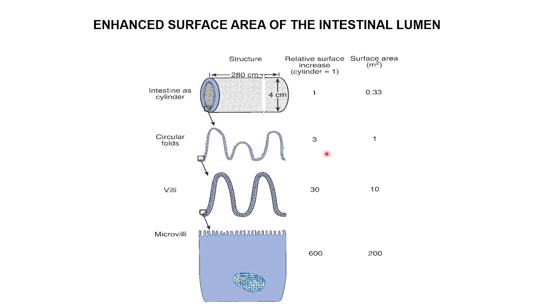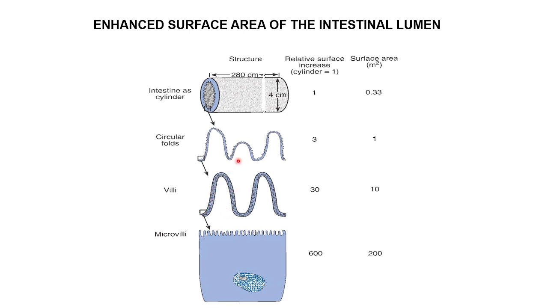The small intestine has circular folds, which are also known as Kerckring's folds, and they increase the surface area 3 times. On top of these circular folds, there are also villi, which are protrusions about 1 millimeter in length.